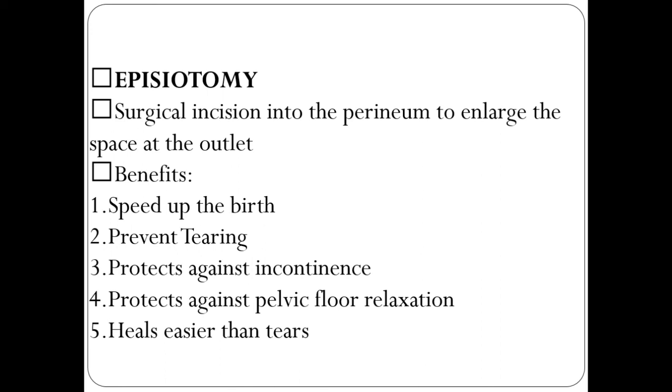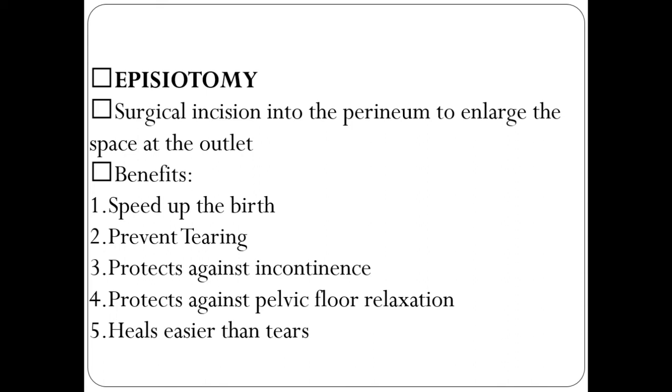It's an incision, so I can control its distance and its depth, other than the perineal tear, where we cannot control its distance and its depth. So it's important to do episiotomy, which is an iatrogenic tear, but not a tear. It's a controlled incision.